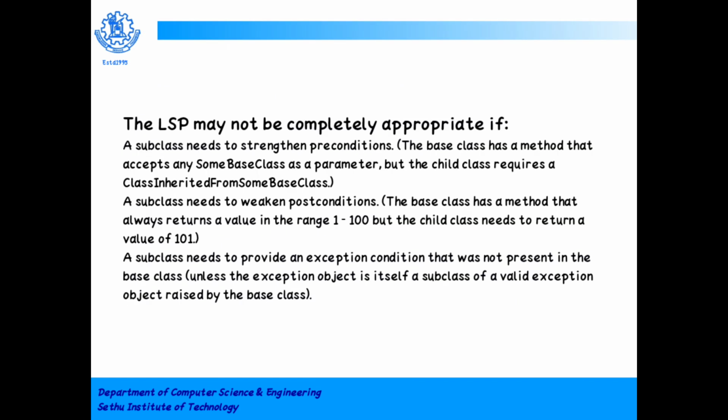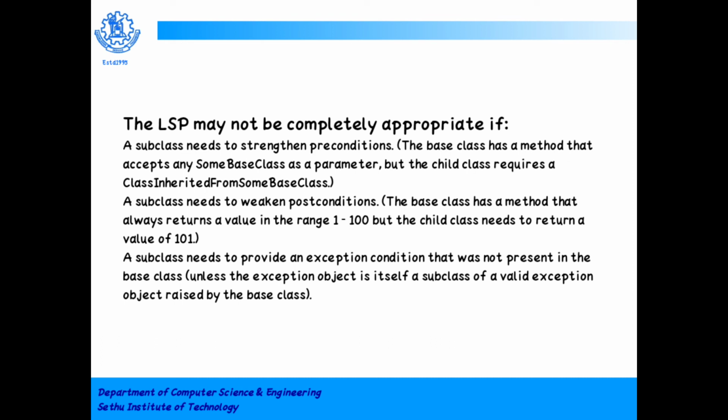The LSP may not be completely appropriate if a subclass needs to strengthen a precondition. The base class has a method that accepts any base class as a parameter, but the child class requires a class inherited from some base class. A subclass needs to weaken a postcondition.